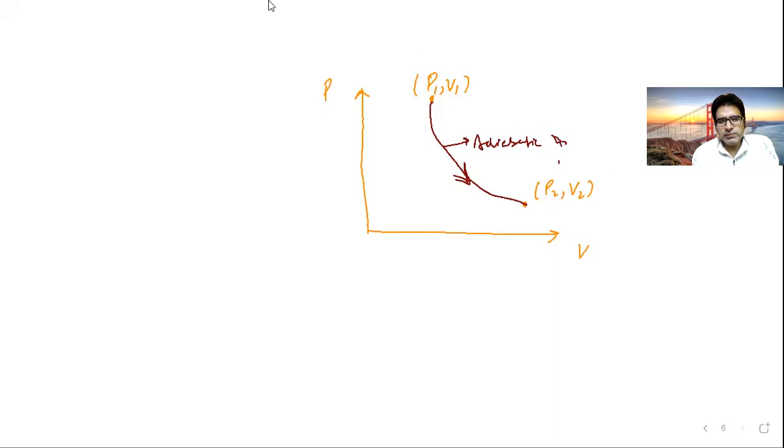Okay, so this is my adiabatic path, right?